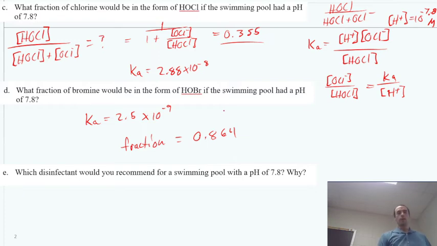Some of you said the fraction here for the HOVR is better because we have that much of it. Some of you said the coefficient of specific lethality is higher for chlorine, so maybe that's going to be the better one. So there was a few different answers, and I think I gave everyone partial credit.